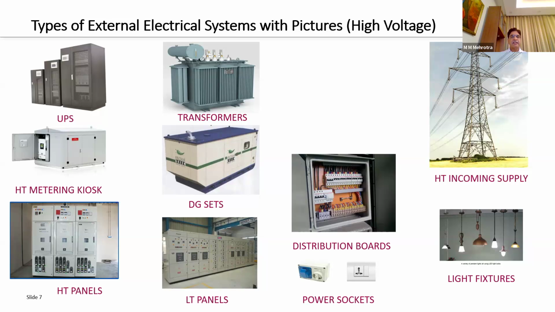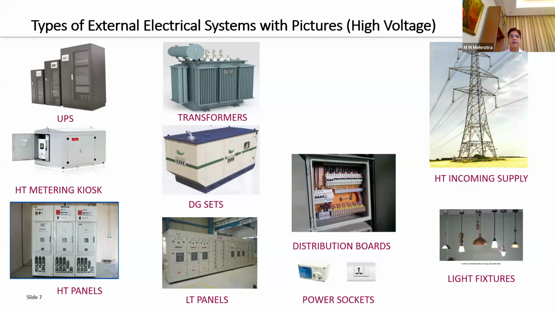The DG set will get connected with these LT panels, because the DG set is also on LT, creating the same 415 volts, right? So the DG set supply will get connected in parallel with the SEB supply. How, we'll see later, it is not required at the moment.